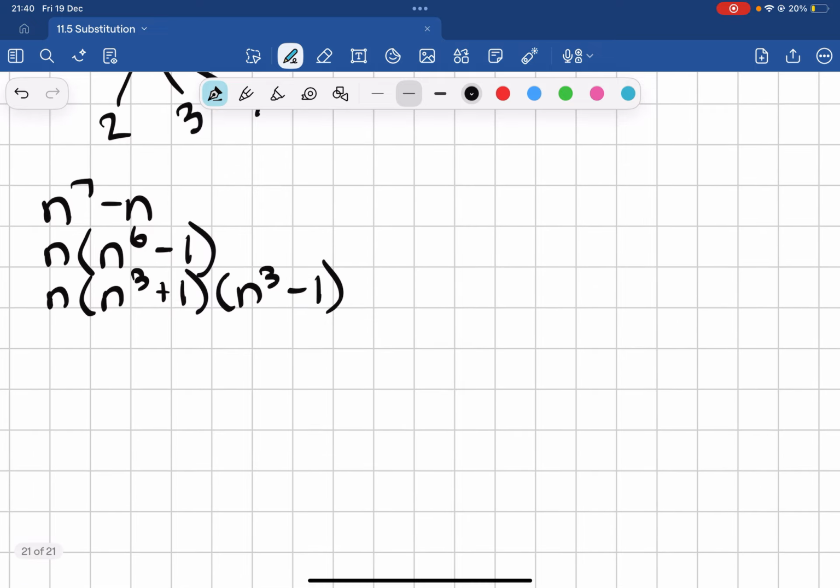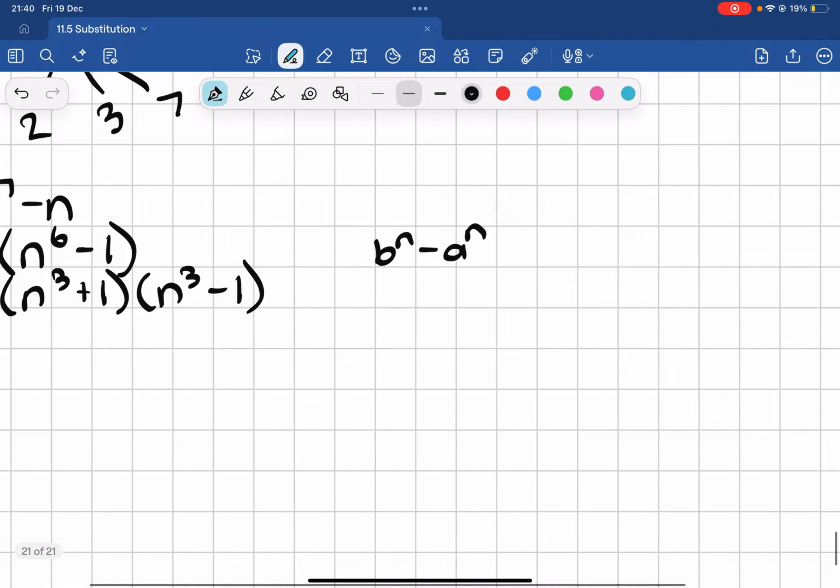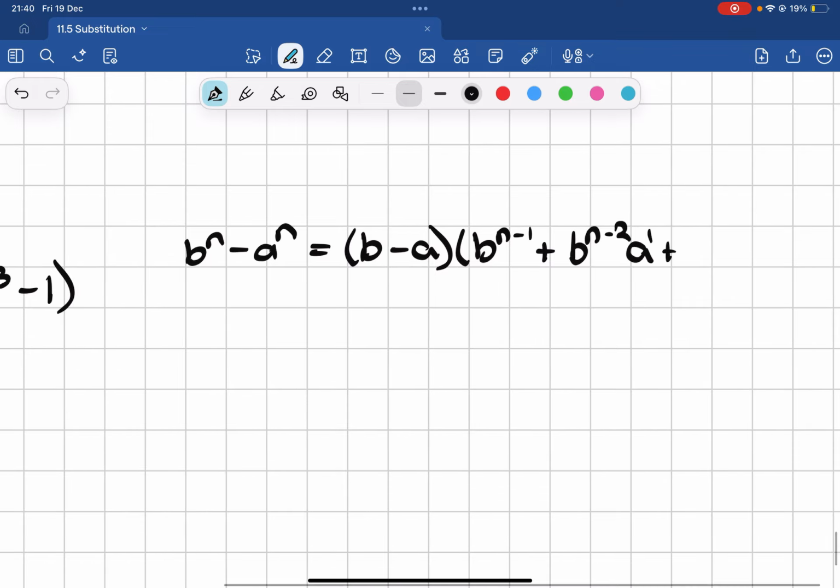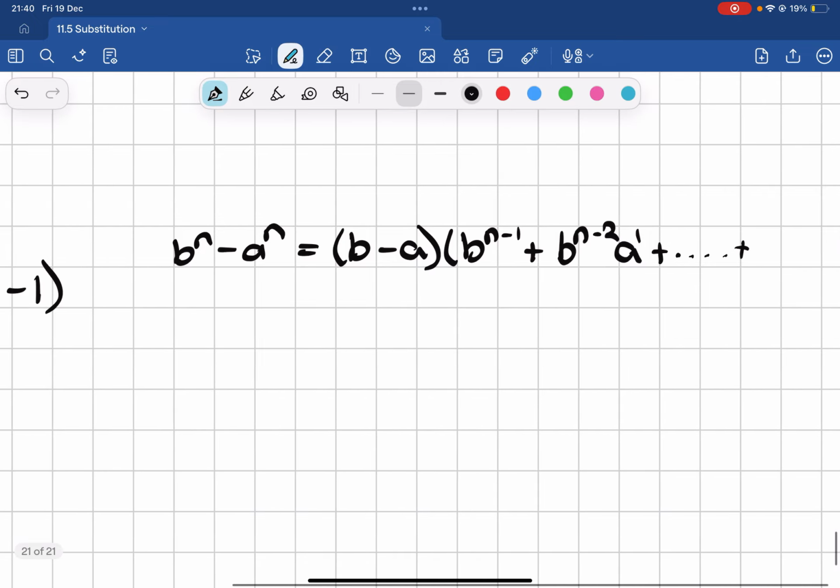Now we can use a little trick that we know, which is b to the n minus a to the n equals b minus a, times b to the n minus 1 plus b to the n minus 2, a to the 1 plus, and so on and so forth, up until b to the 1 plus a to the n minus 1.